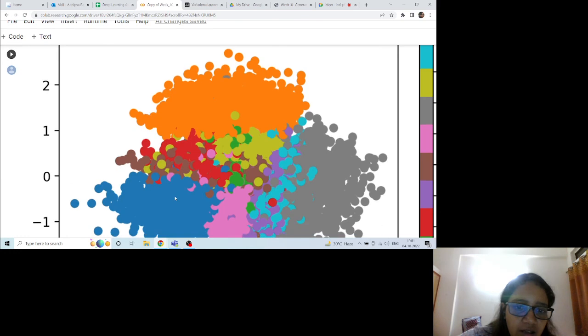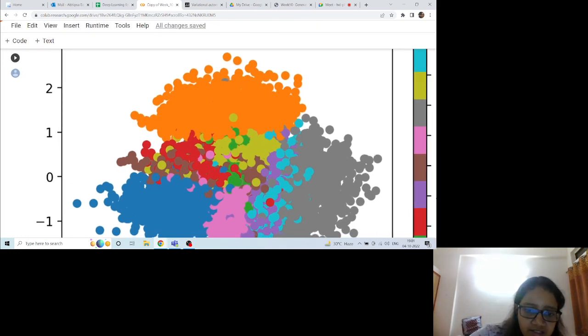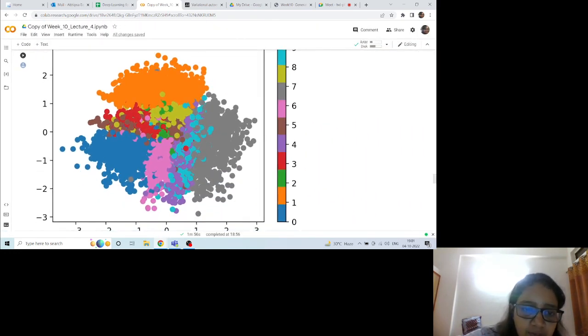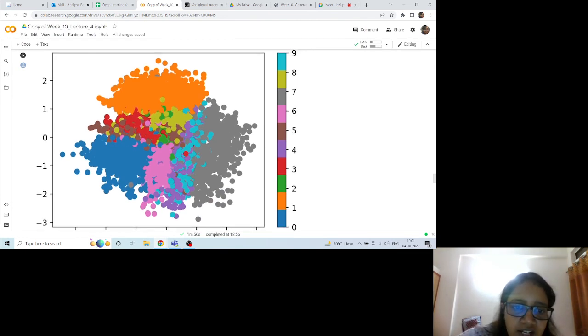The last thing I wanted to show you is this particular plot, which is the latent space of the variational autoencoder, where you see that the clusters have become much more compact and somewhat more distinguishable than before. This 0 represents this one, 1 represents this orange, and you can see the others as well.